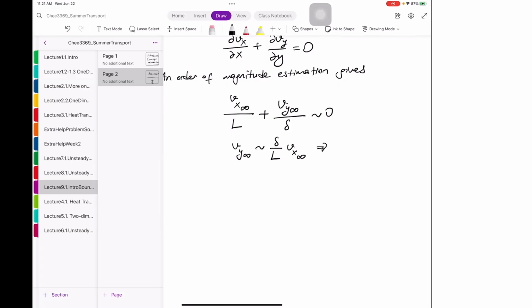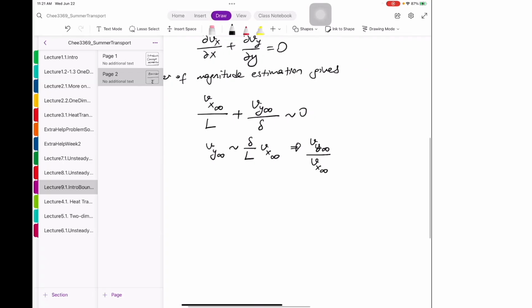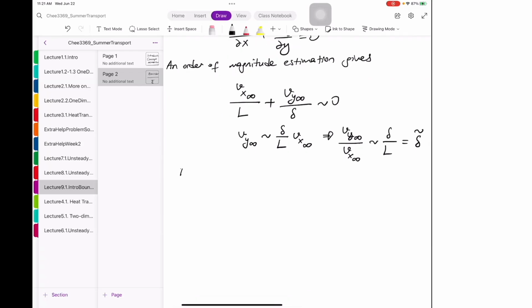Or in other words, Vy infinity divided by Vx infinity is in the order of delta over L. Let's call delta over L the non-dimensional delta tilde. Okay. And from now on, let Vx infinity be equal to V infinity. So I'm going to actually use this V infinity in the place of Vx infinity just for the sake of simplicity. But for the Vy infinity, I'm going to write it explicitly.